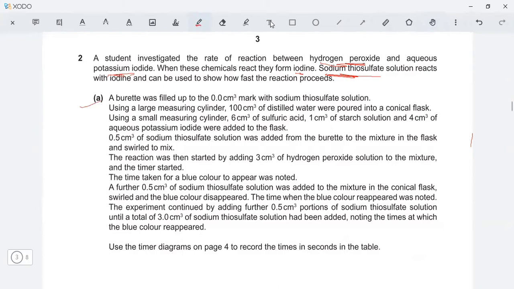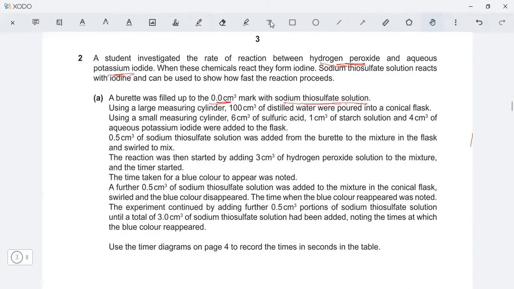Read carefully, and this is going to be a very easy question for you, as far as I feel. A burette was filled with sodium thiosulfate. These are the bullet points, so just underline the compounds so it will be easy to understand.